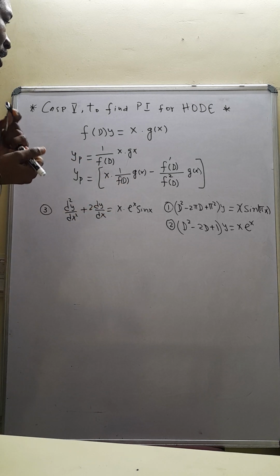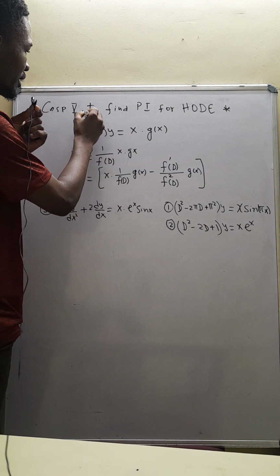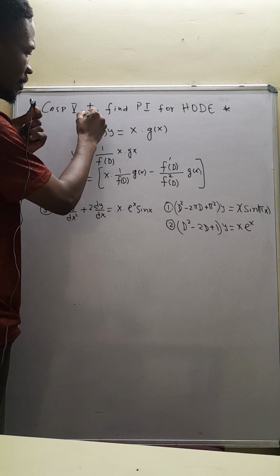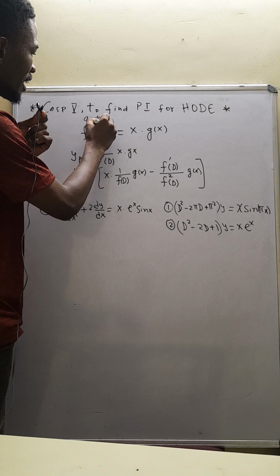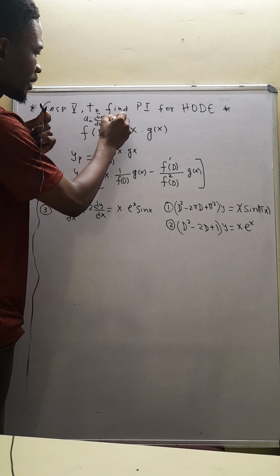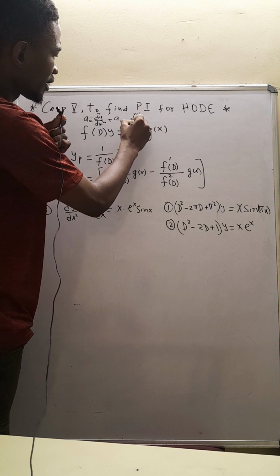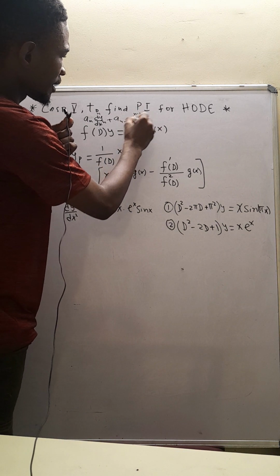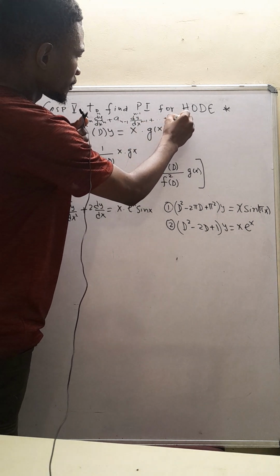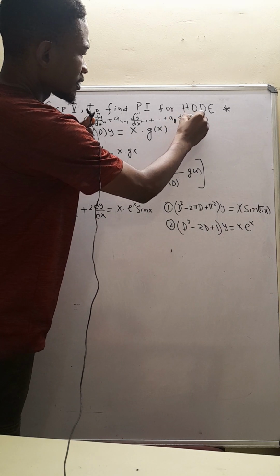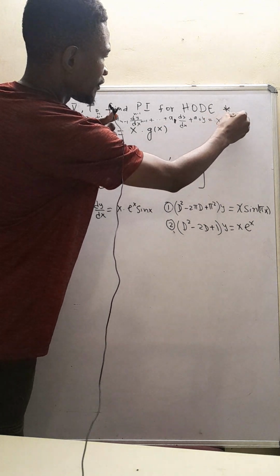Suppose here we have an d^n y over dx^n plus an minus 1 d^(n-1) y over dx^(n-1) plus, and so on, up to a1 dy/dx plus a0 y, equal to x g of x.